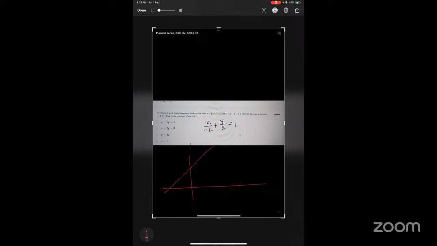And this line is x plus y equals 1. So this is the picture of the lines. And what is the question? A line L is such that its line segment between these two lines is internally bisected at the point (1, 1.5). Then the point will be here, right?